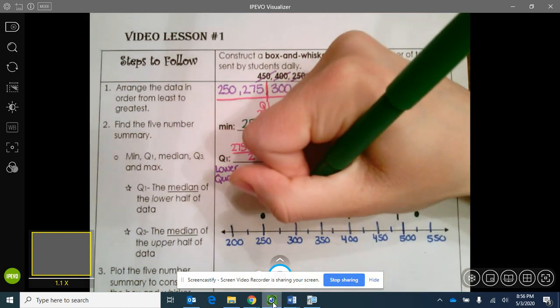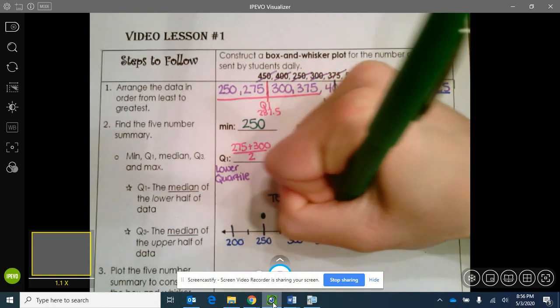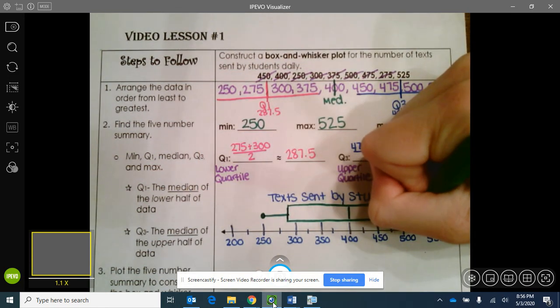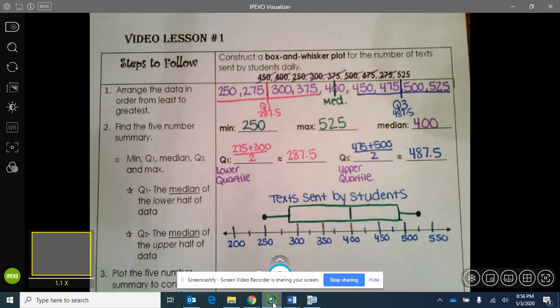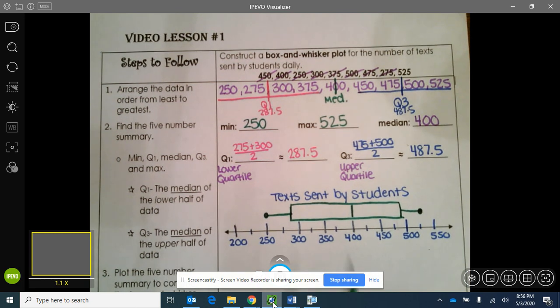You're going to connect your lines to make a box. Extend your whiskers to the dots. So it actually rhymes. Connect your lines to make a box and then extend your whiskers to the dots. And here's your box and whisker plot. So your minimum value, your maximum value, your Q1, your median, and your Q3.